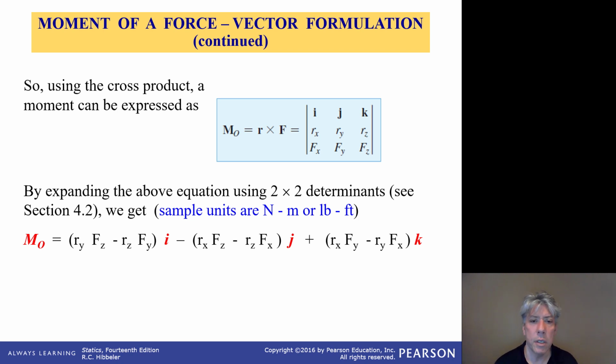But by default, assuming that the items inside of all of these parentheses end up positive, we'd have a positive I, a negative J, and a positive K component of the moment M naught. And you might want to verify by pausing the video and expanding that matrix yourself with 2x2 determinants to make sure that this equation's right. I guarantee it is, but you need some practice, so why don't you give that a shot?